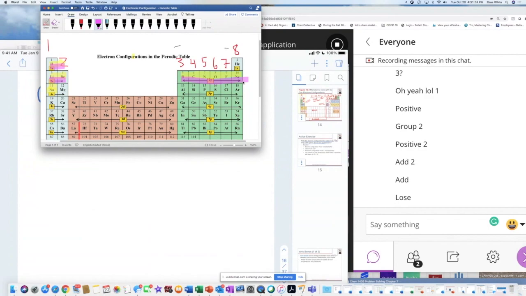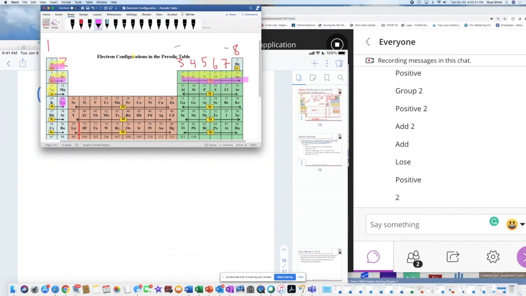Okay, so it says write the configuration of calcium ion. So calcium, what will the charge on calcium be based on its position and group number? Can you tell? Okay, but positive what? Because calcium is in this group right here, right? It is positive, but what positive?